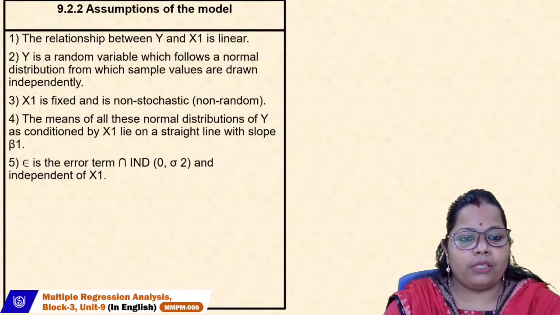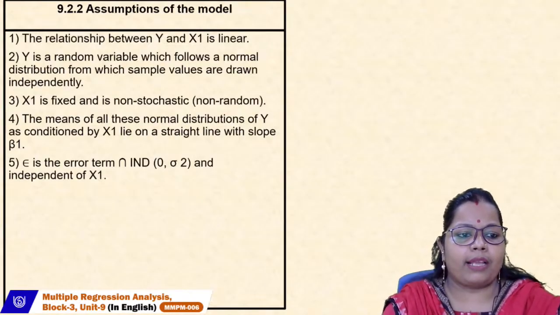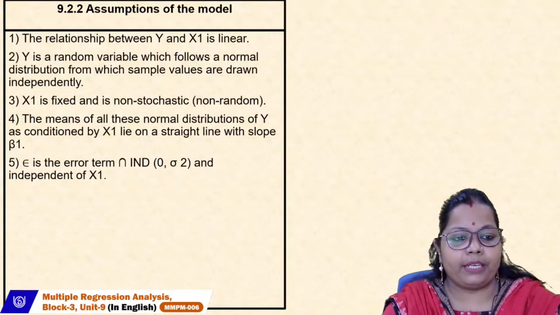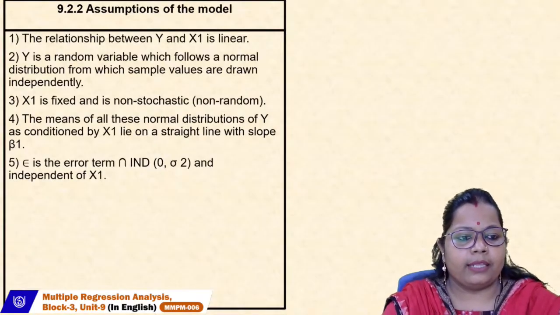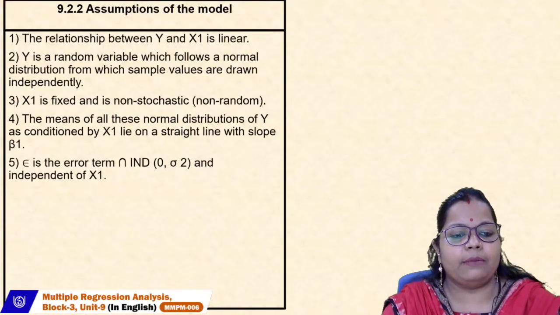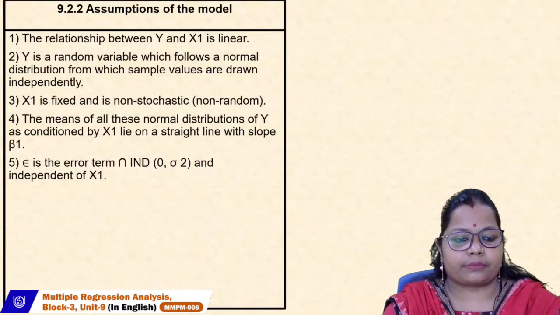The means of all these normal distributions of y, as conditioned above on x1, lie in a straight line with slope beta 1, which was explained in the previous linear regression equation and should be present in the multiple regression analysis.